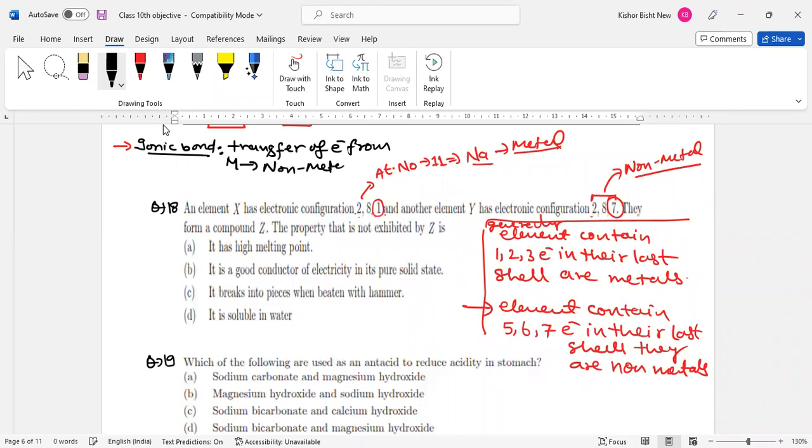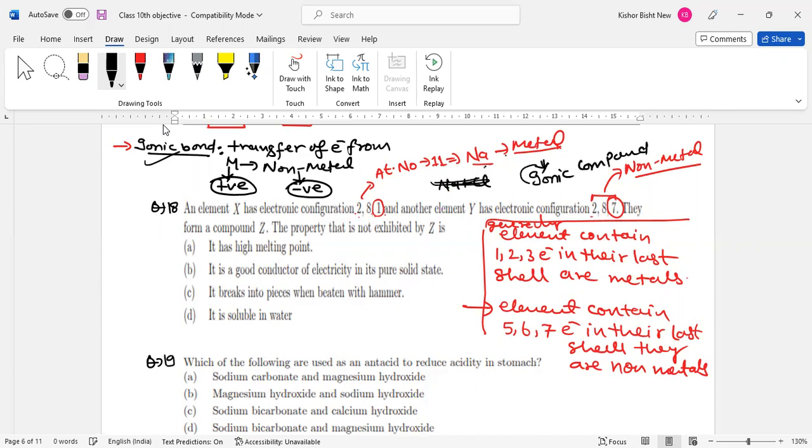In this, the metal will carry the positive charge and the non-metal will carry the negative charge. Please remember. Here Na plus Cl, metal and non-metal, form an ionic bond and an ionic compound.